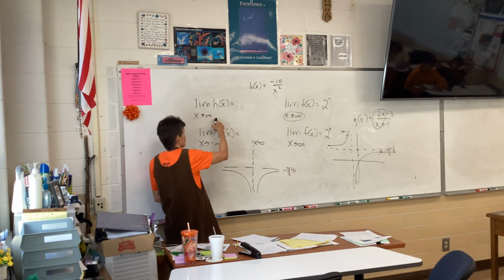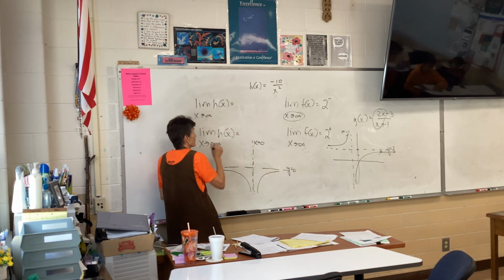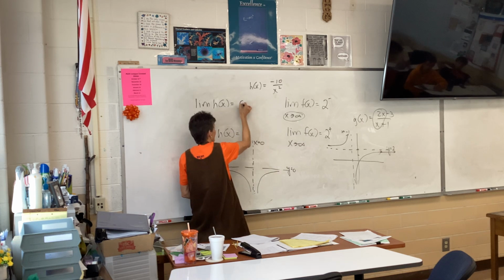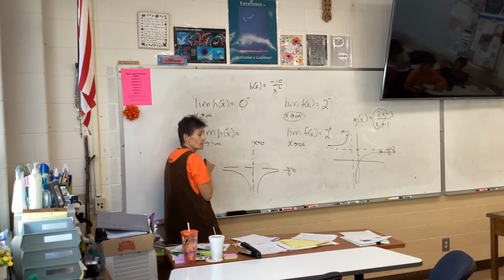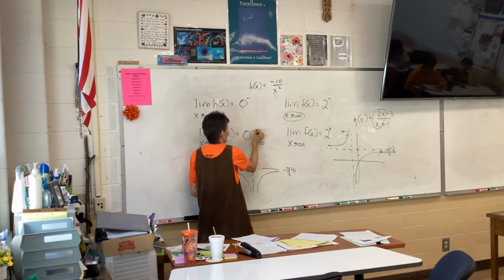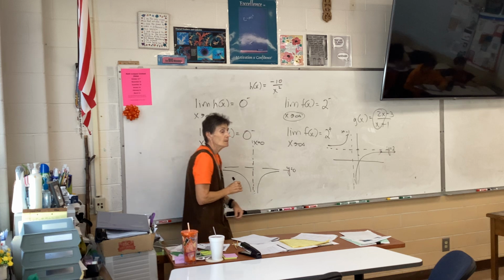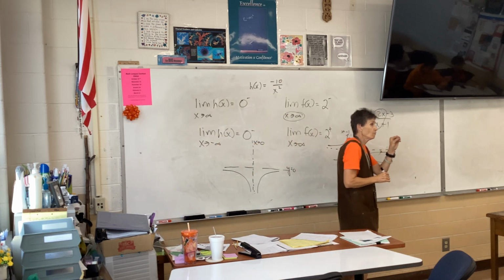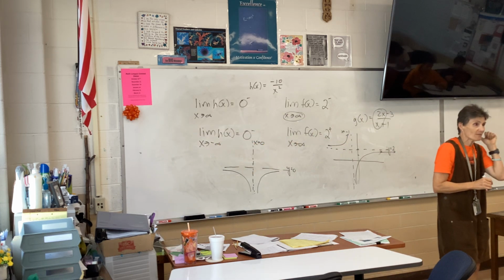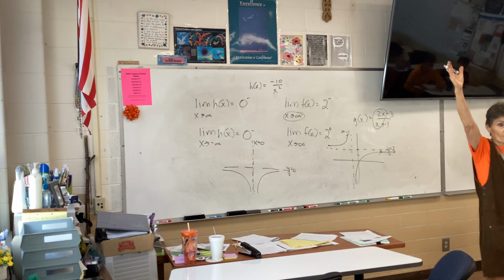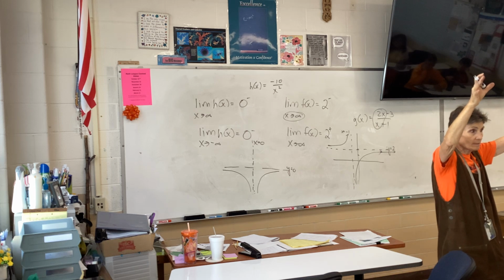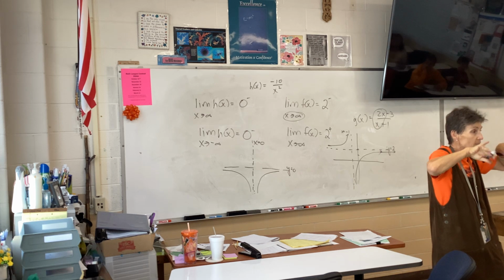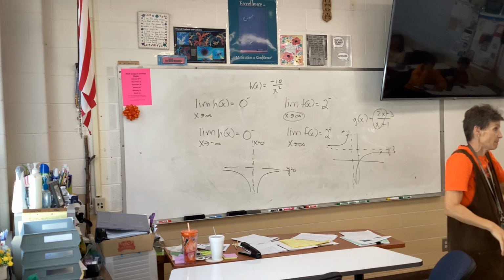The limit to the right will be 0 from the bottom, and the limit to the left will be 0 from the bottom. Polynomial functions will never have that end behavior. Polynomial functions are always going to be shooting up or down into space. Got it? But other functions can have these specialized end behaviors.